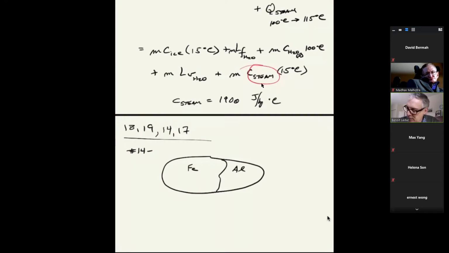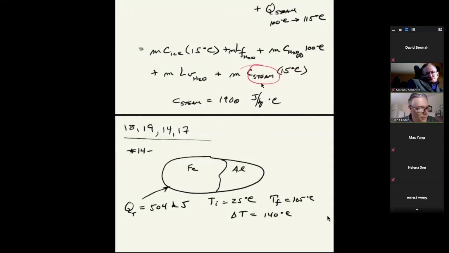It takes 504 kilojoule to change the object's temperature from the initial temperature to this one. Of course, the change in temperature is going to be 140. Is that correct? So what's the mass of each part? What are you looking for here? What's the mass of each part?